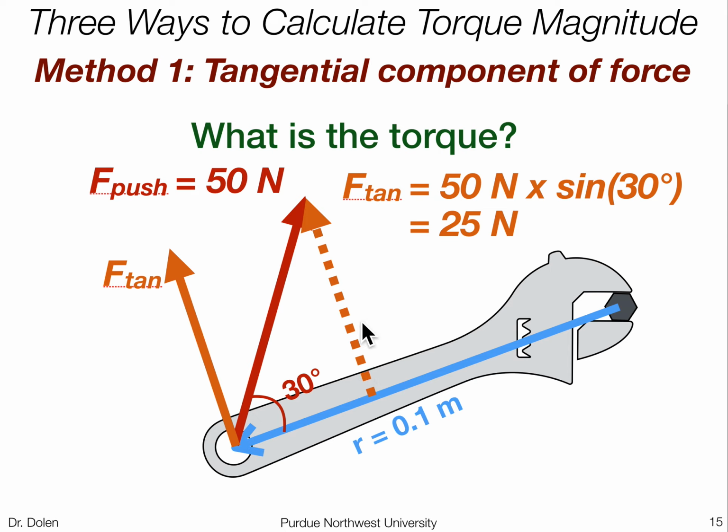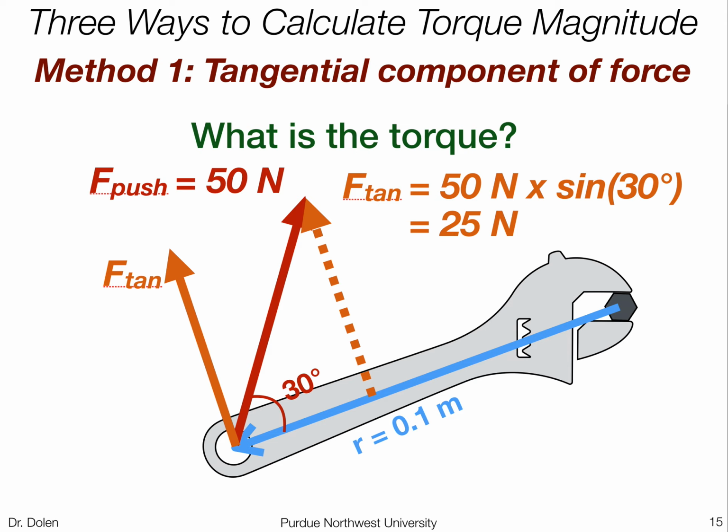The tangential component of the force is 50 newtons, the magnitude of the hypotenuse, multiplied by sine of 30 degrees, giving me a tangential component of 25 newtons. If I had applied the force in this direction, I would have had a 50 Newton force applied at that location, but I'm applying it at an angle, and I only have a useful part of my force of 25 newtons. So that's my tangential component of the force.